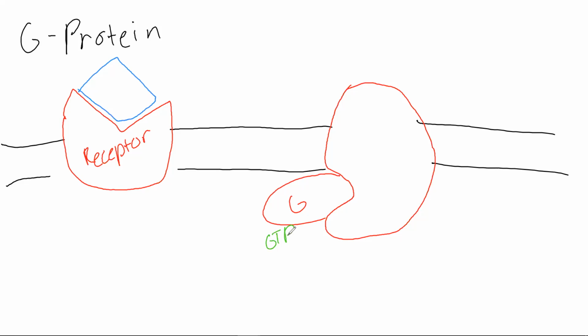And when it makes contact with this, it is going to activate this protein, which is going to then open a channel. And when the channel is open, things can start going in and out. So now things can go in and out. Say, for instance, oh, whoops, that's terrible.